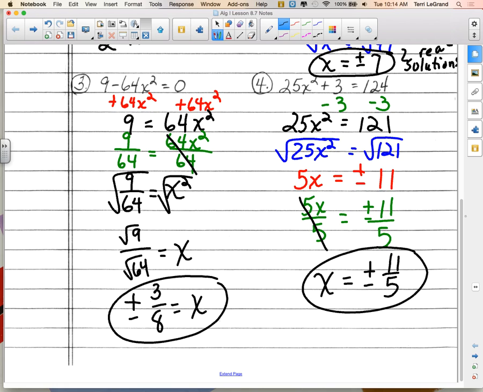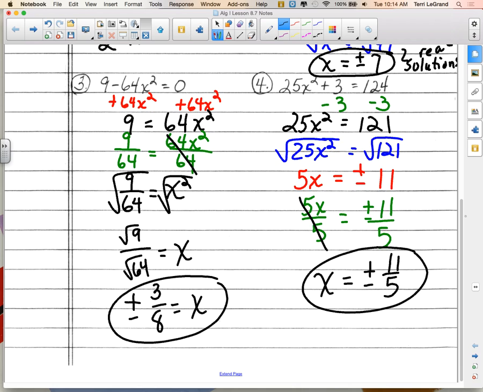And in the end, we would still just have positive or negative 11/5. In other words, a positive 11/5 would show up twice, and a negative 11/5 would show up twice. So we really don't need all of those, do we? We just need one of each. You save yourself work, because otherwise you just create 4 division problems.